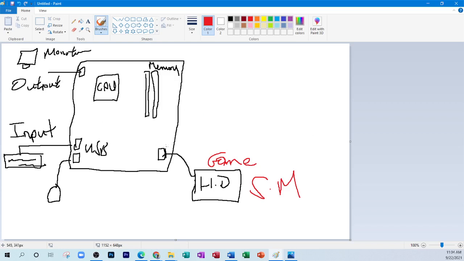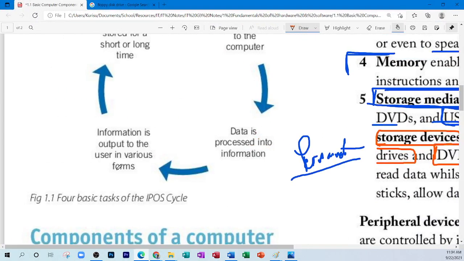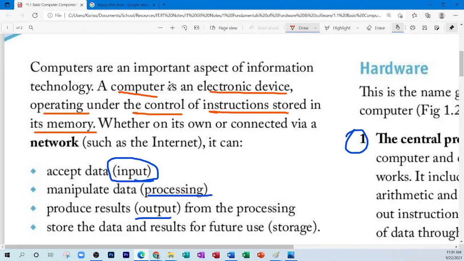Well, the game has to be pulled from the hard drive to the memory in your computer. So firstly, it's going to be on the hard drive, and then it's going to go onto the memory. So that game, or you can say the instructions of the game, is pulled into memory. And that's how we get this definition here, that the computer operates under the control of instructions stored in its memory.